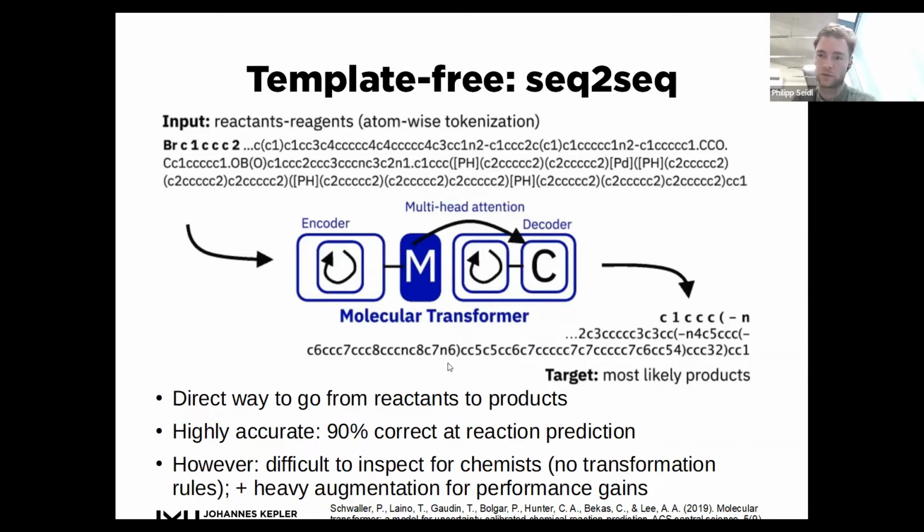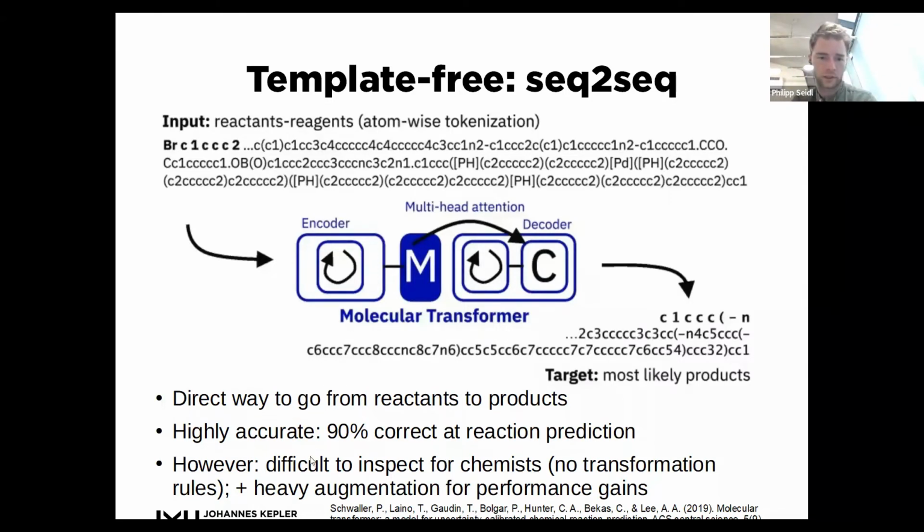This is now forward reaction prediction, but the same has been done for backward reaction prediction. But their first approach was in forward prediction. There was also one of the early works by Liu using an LSTM, but I can give you more updates later on how this method performed back then.